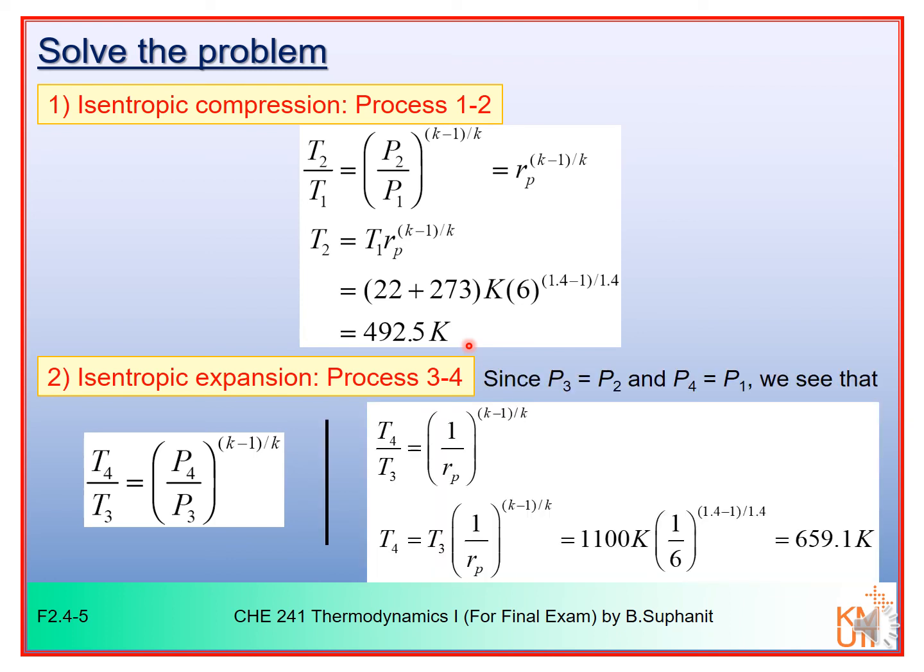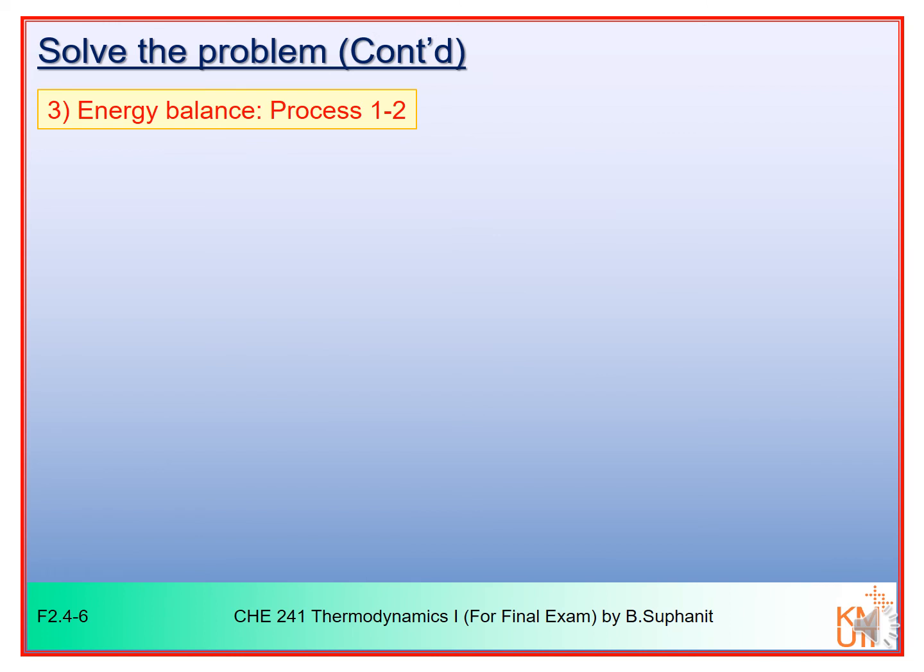We get T4 at 659.1 Kelvin here. After having determined T2 and T4, we can apply mass and energy balances in process 1-2, 3-4, and 2-3 to determine WCOM, W turbine, and Qin respectively.